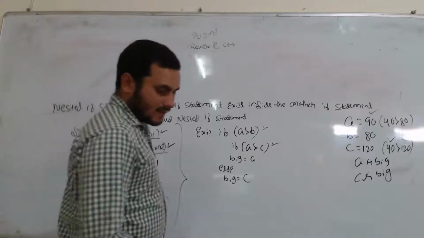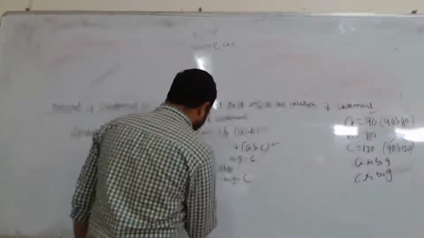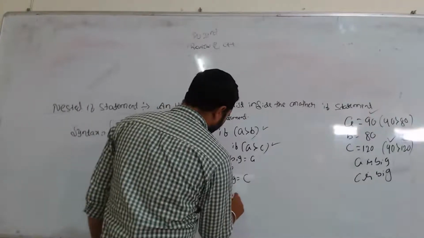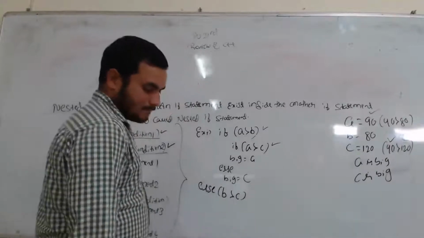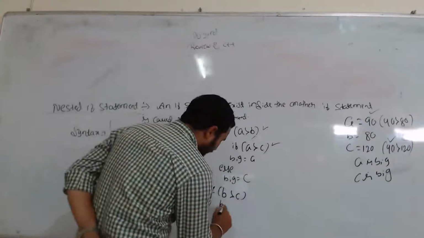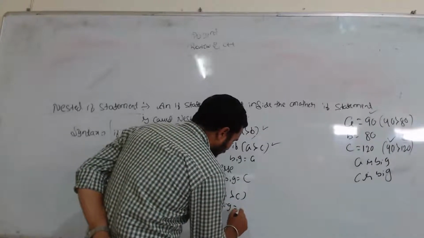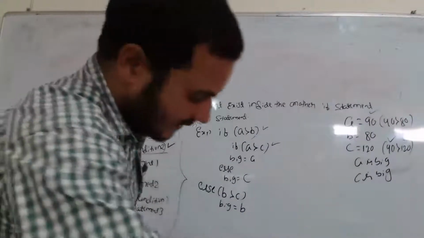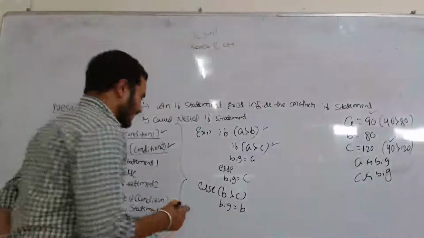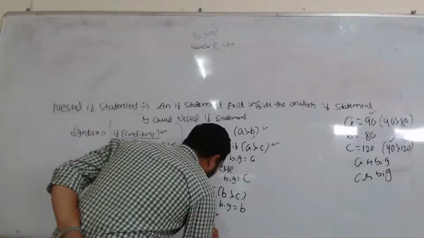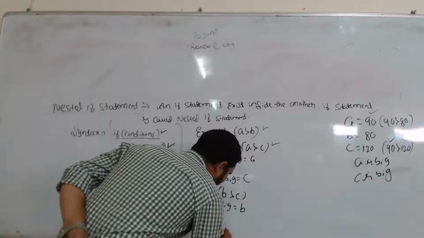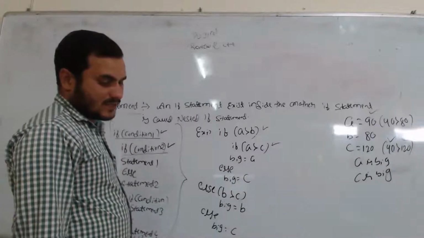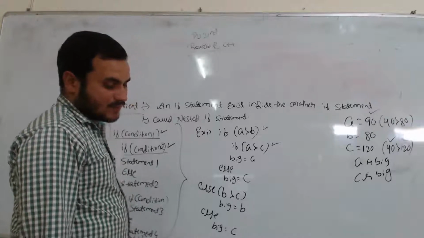Here, if B greater than C, big is equal to B. Which one is bigger here? B will be bigger, else big is equal to C. C is the biggest among three numbers.